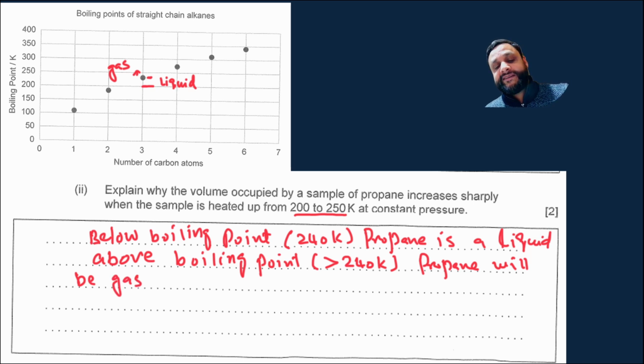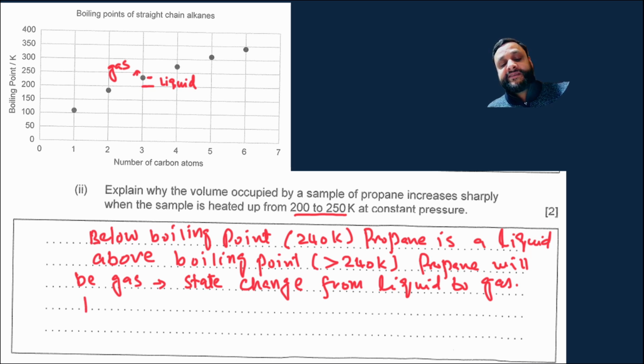So there is a state change from liquid to gas.